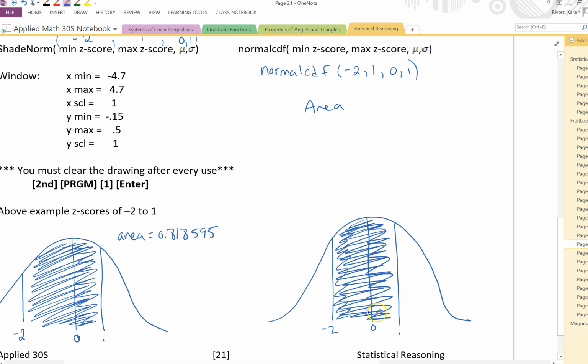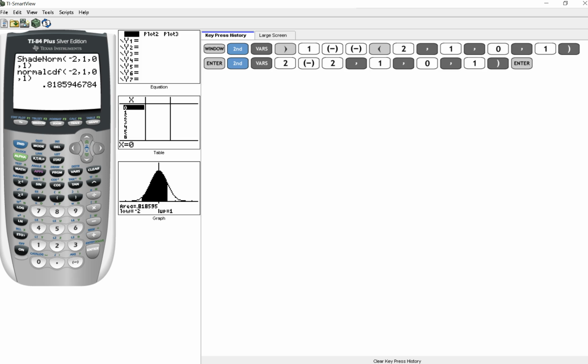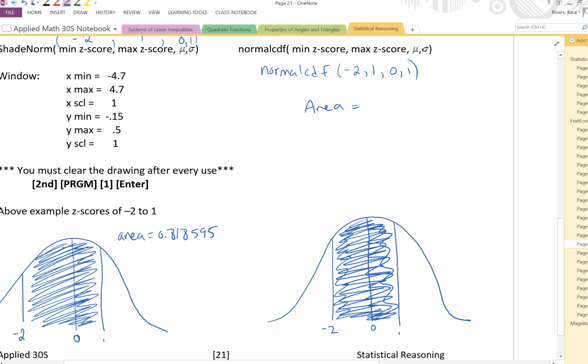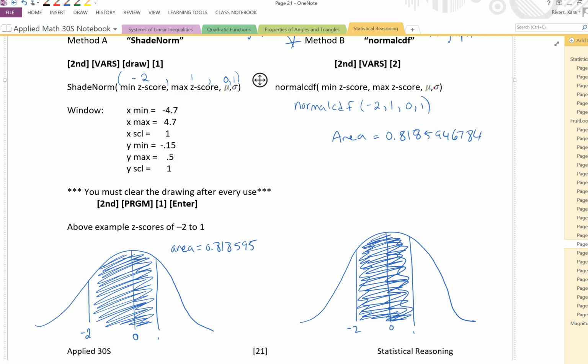From there, from -2 to 1. And you tell me that the area that we get, rewrite that, 0.81859. Now you can keep going. Usually I tell you what to round to, but this is what my calculator gives me, 0.8185946784. So that's how we can do this in our graphing calculators.